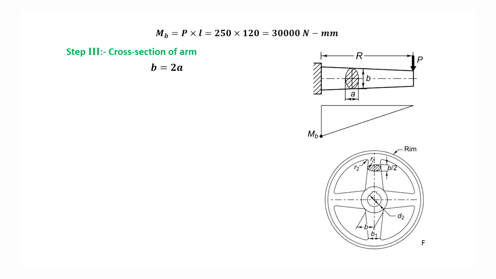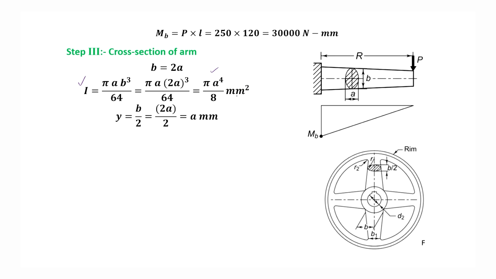In the problem it is given that for the cross section, the major axis B is twice the minor axis. So the second moment of area of this elliptical area about the neutral axis is given by pi a to the power 3 divided by 8, and the bending stress is proportional to the distance from the neutral axis. So y at any section will be equal to b divided by 2, which is equal to a, the length of the minor axis.